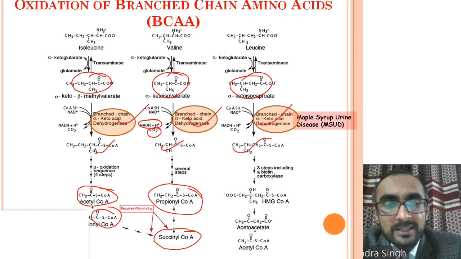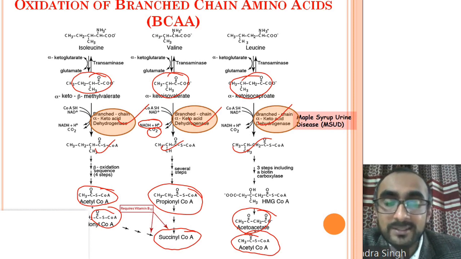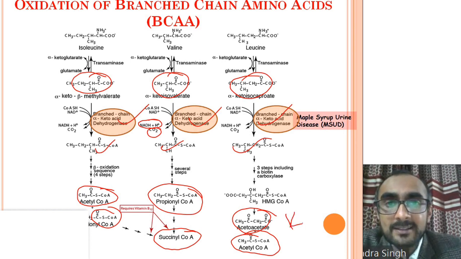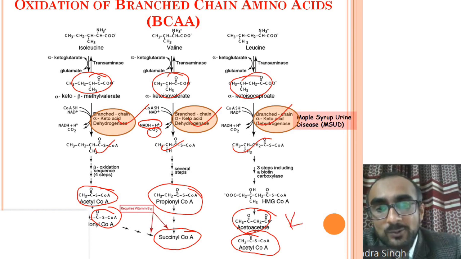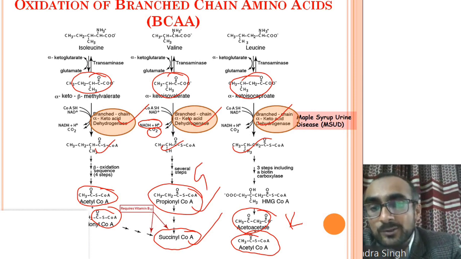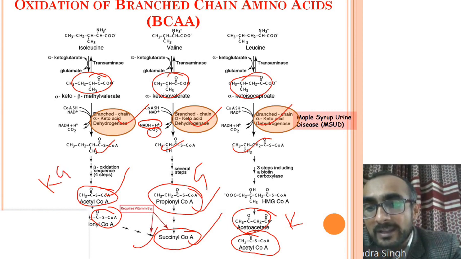But in the case of leucine, the final products are acetoacetate and acetyl coenzyme A. So that's why leucine gives rise only to ketone bodies or acetyl coenzyme A, and is a purely ketogenic amino acid, whereas valine gives rise only to propionyl coenzyme A, which is converted to succinyl coenzyme A. So this is a purely glucogenic amino acid, and isoleucine produces both acetyl coenzyme A as well as succinyl coenzyme A, so it is ketogenic as well as glucogenic.